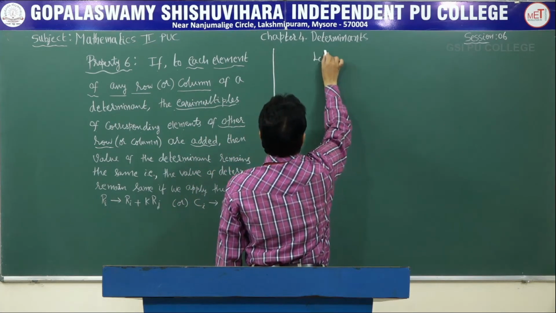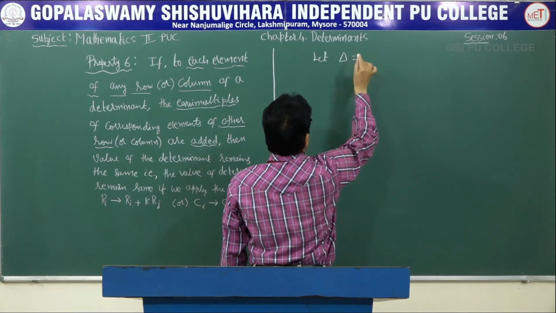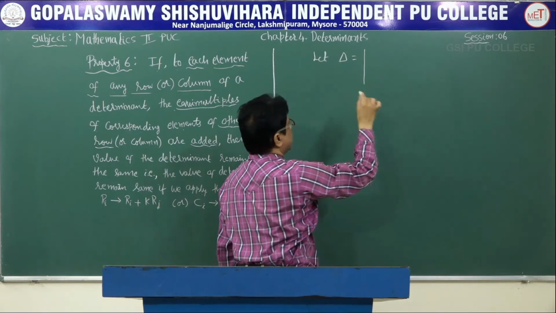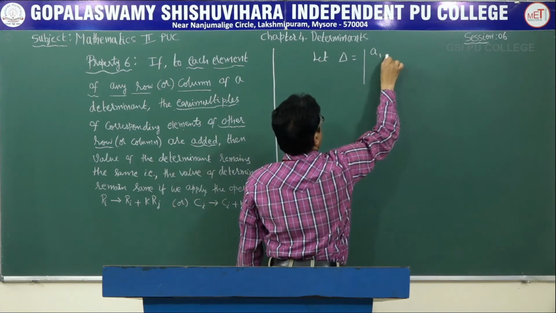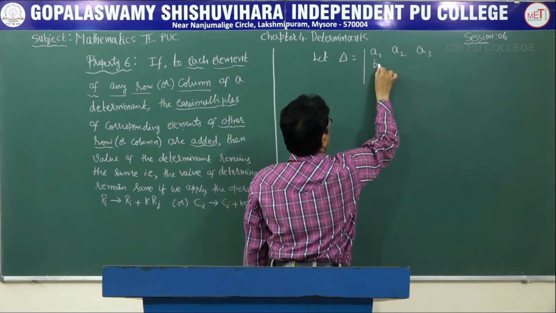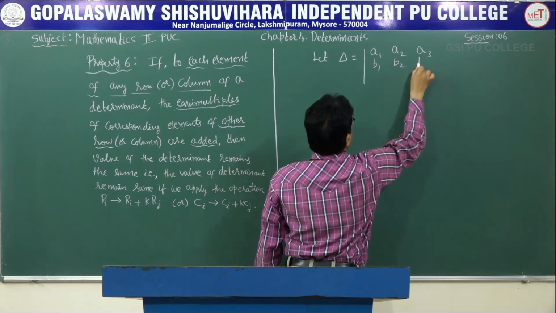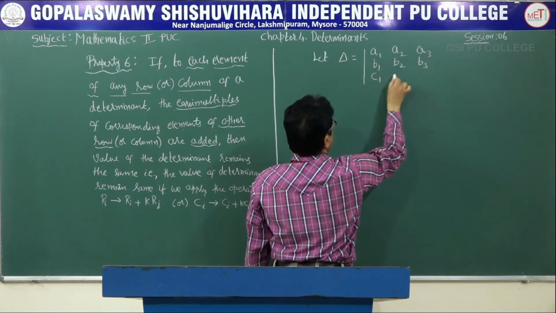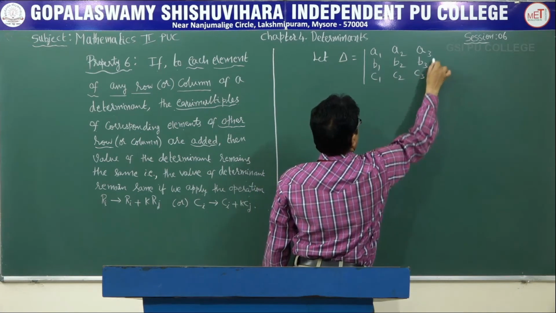Let delta equal the determinant of a1, a2, a3, b1, b2, b3, c1, c2, c3.